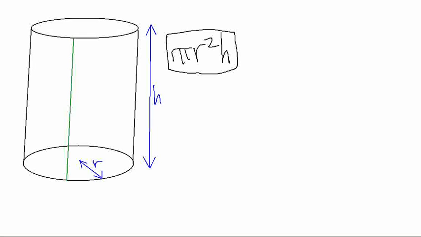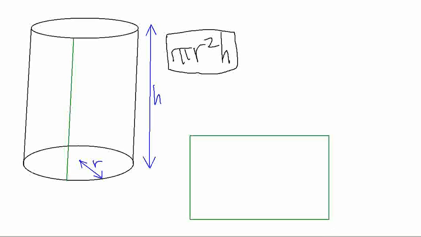Now, suppose you try to flatten that part of the surface of the cylinder onto a table. Would you agree that if you flattened it out, you'd have a rectangle? Okay, we even know what the dimensions of the rectangle are.